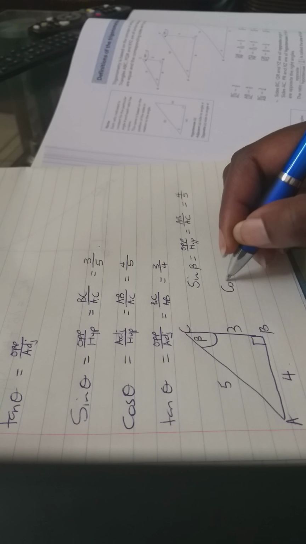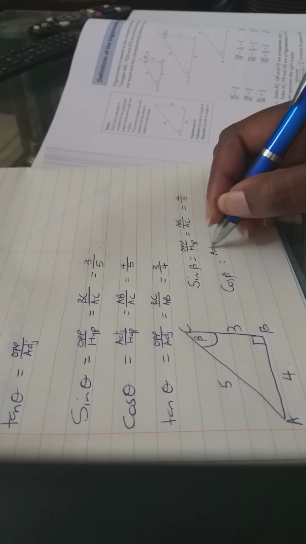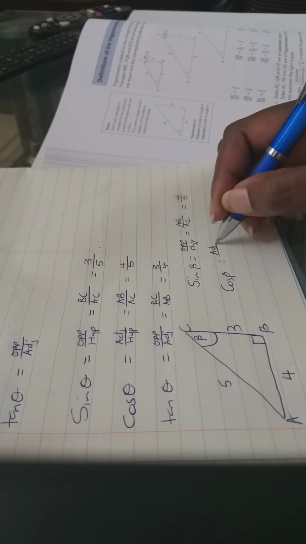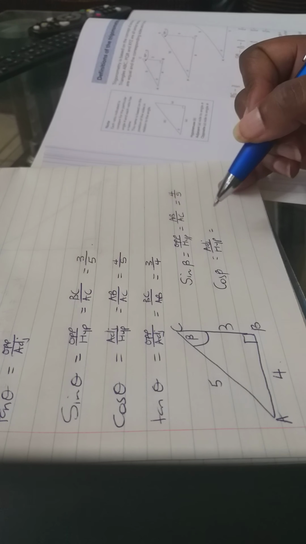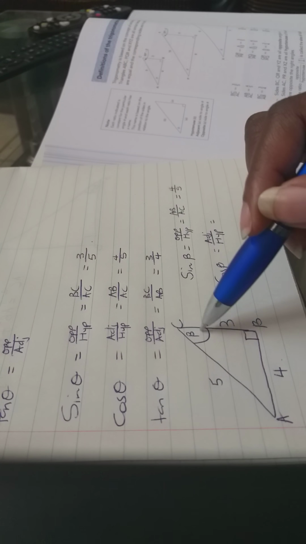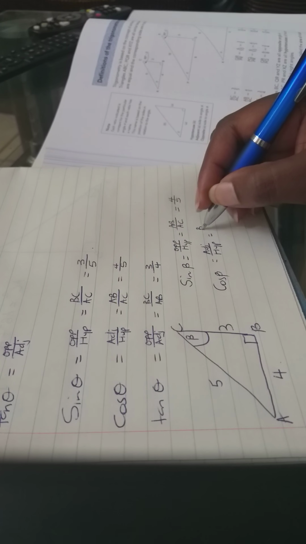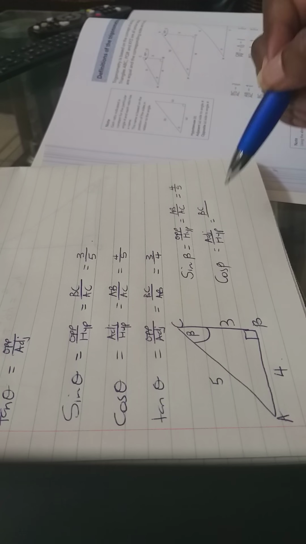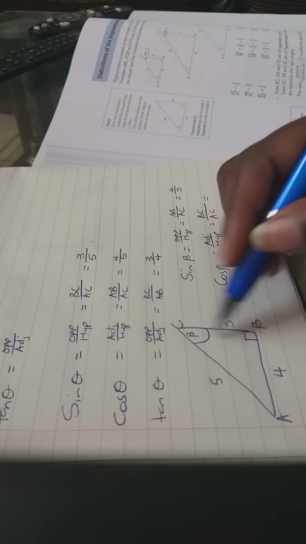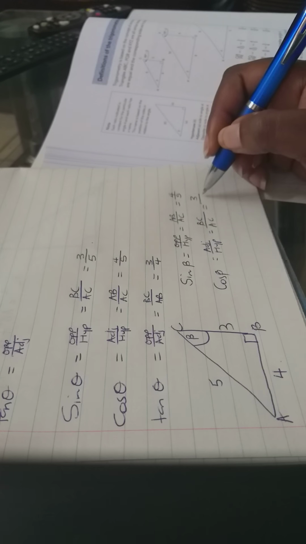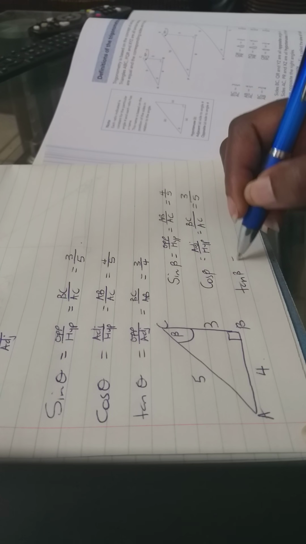If I want to do cos beta, cos is given by adjacent over hypotenuse. What is the adjacent in relation to beta? Adjacent is BC over the hypotenuse. Hypotenuse is AC, hypotenuse doesn't change. What's the value of BC? It's 3 over hypotenuse 5. Let's do tan beta.